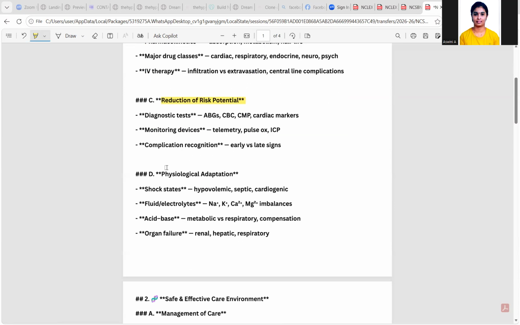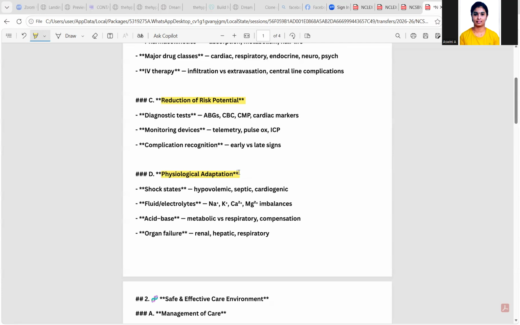And next one, physiological adaptation. Physiological adaptation means the physiological changes. For example, when a microorganism enters our body, there may be some changes in our physiology or hemodynamics. So what changes are occurring? Or suppose any of the systems are affected, for example the respiratory system, GI system, peripheral vascular system, reproductive system.